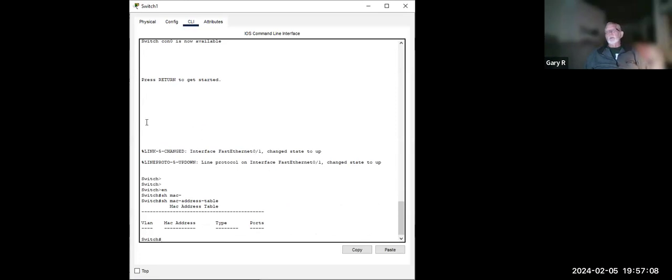What I'm going to do is switch over. I'm not going to switch the screen that you see for now. I'm going to do this back in Packet Tracer, and then I'll come back to this.